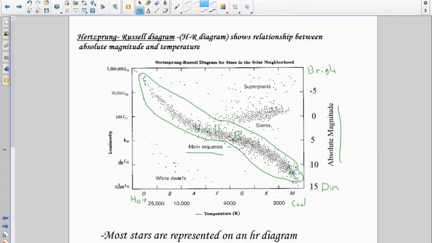I can just read that right off of the graph, but I should be able to infer more from it. If it's a cool dim star, I know its color. It should be red. So this star here is going to be red. And because it's cool and dim, I get a little bit of information about its size. It's probably a really small star.